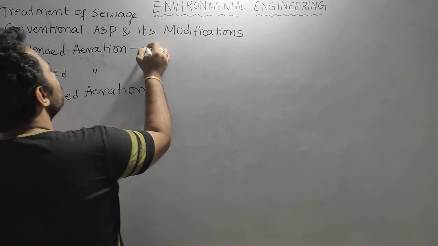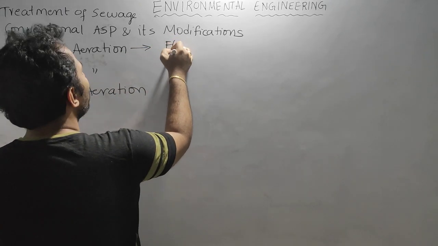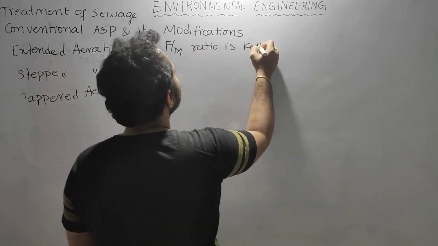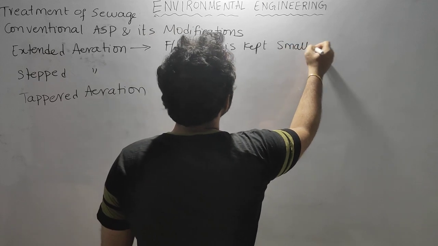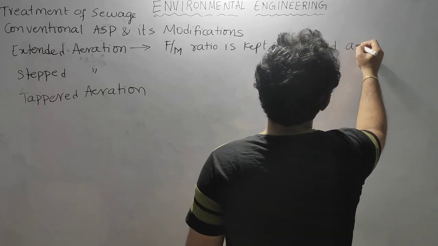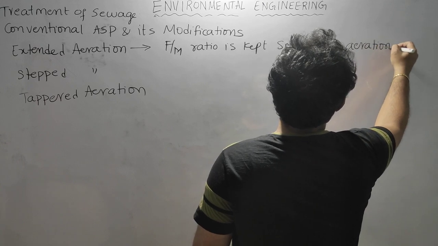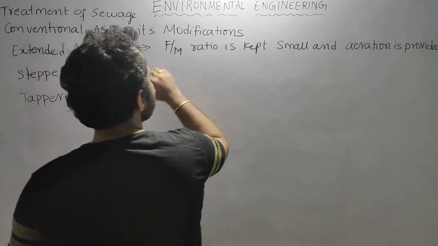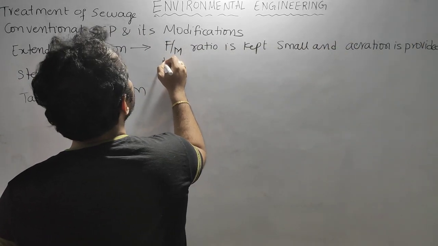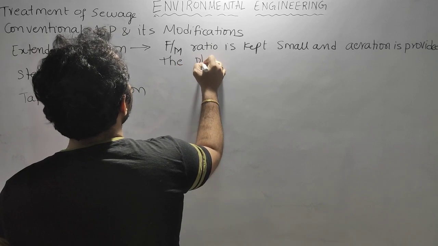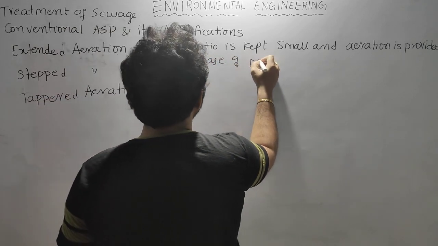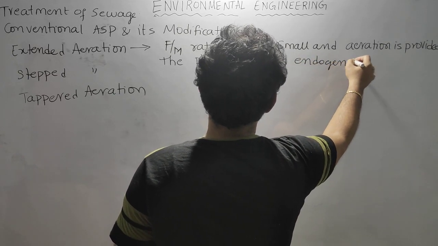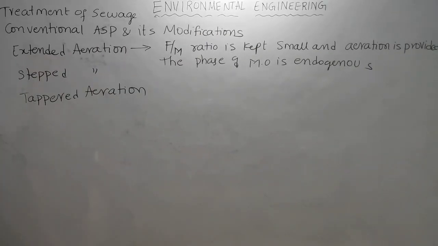So in extended aeration, the food to microorganism ratio is kept small and aeration is provided, and the phase of microorganisms is endogenous here.